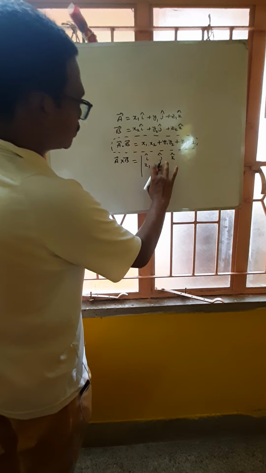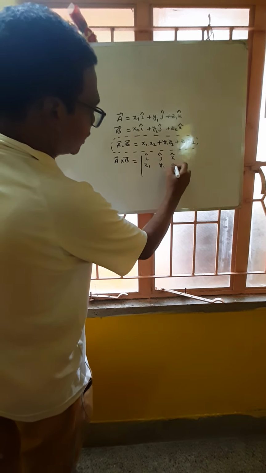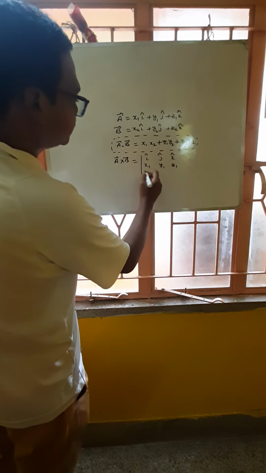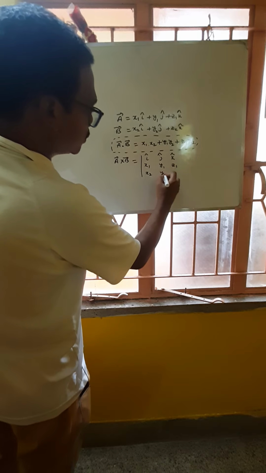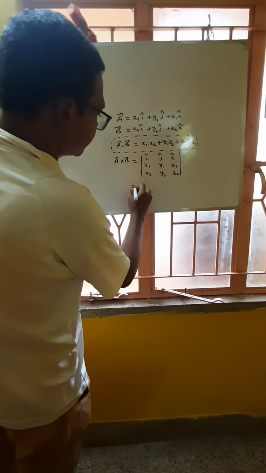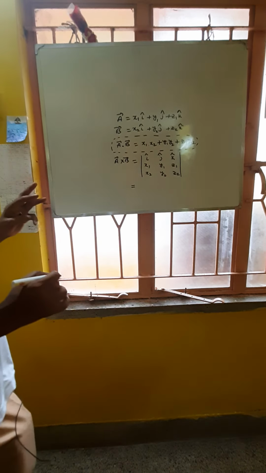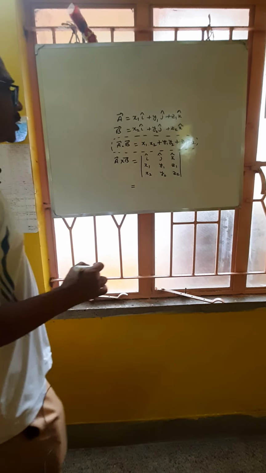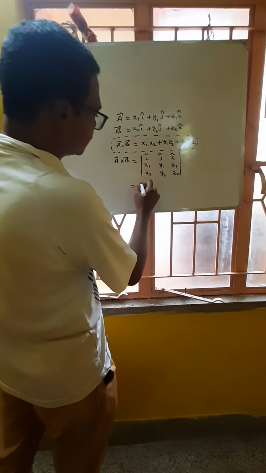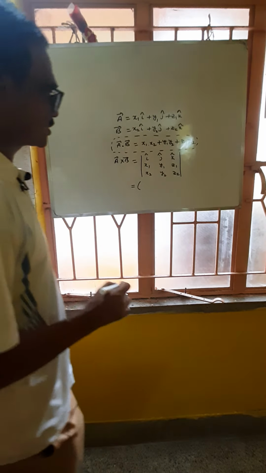So x1 i plus y1 j plus z1 k, then you have x2 i, y2 j, z2 k, and we are using determinants to make it easier. We can also use some other methods for finding a cross b, but the easiest way in the exam hall is using determinants. You will do it in class 12 mathematics itself.